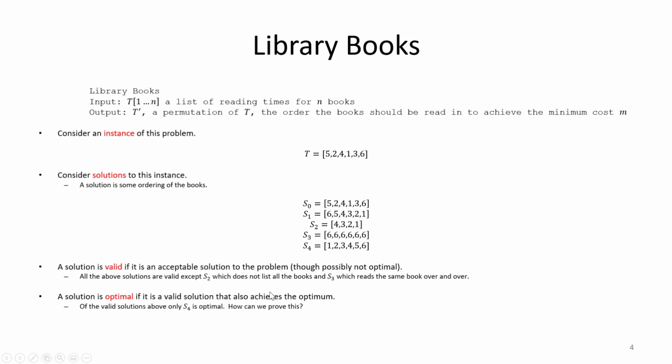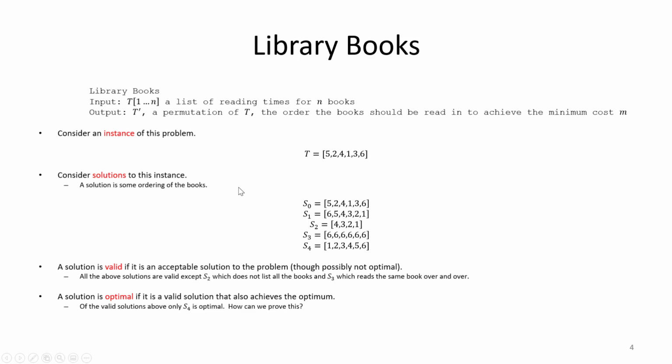So the optimal solution then, so again, maybe let's just look at our 5 solutions. S2 and S3 technically are what we're going to call not valid solutions. Okay, and how do we know if our solution is valid or not? Well, usually in our optimization problems, there's usually going to be two statements in there. One statement is going to be a statement about what validity is, and in our case the validity statement is this short one here, a permutation of t.